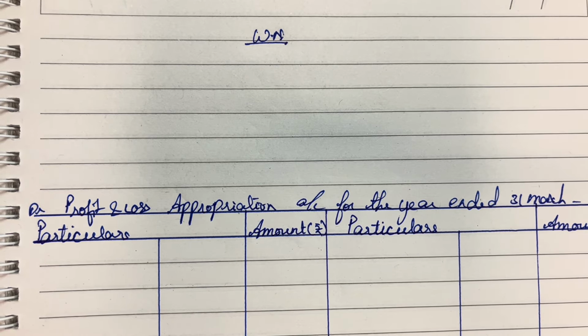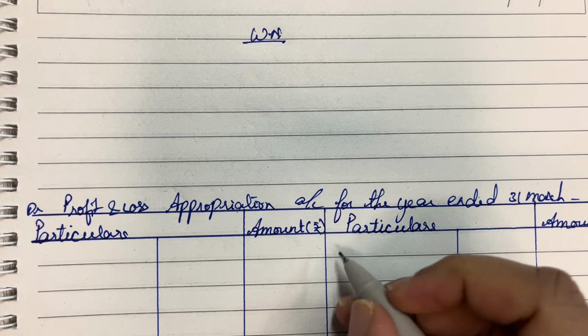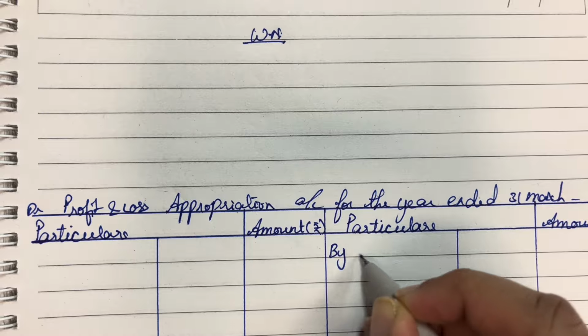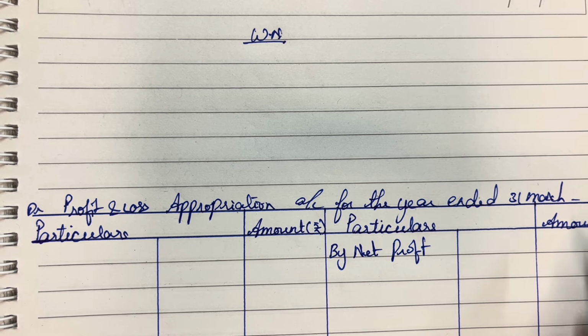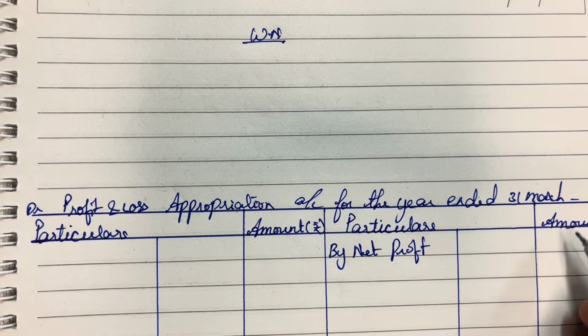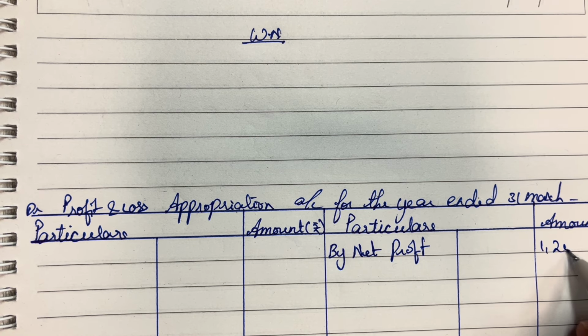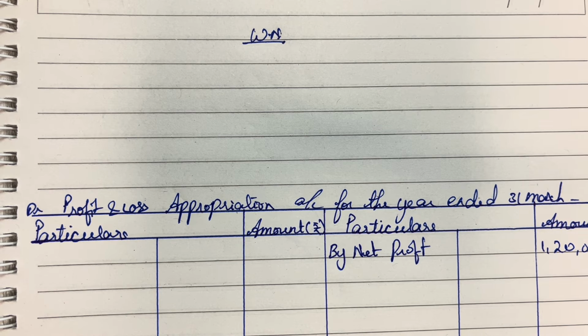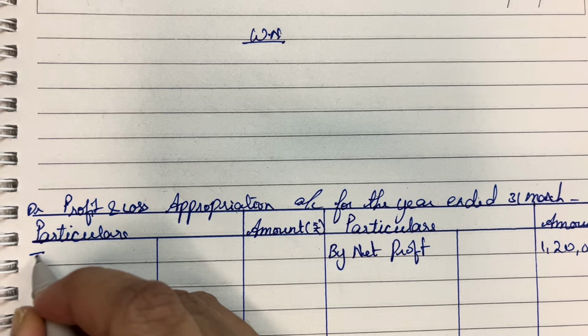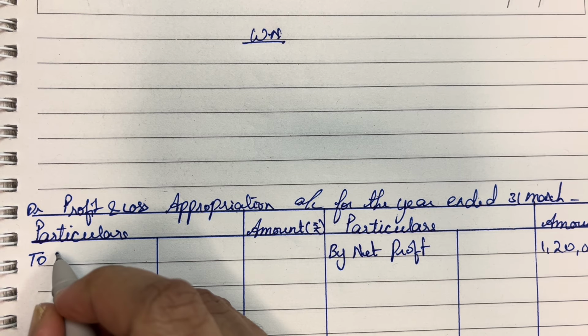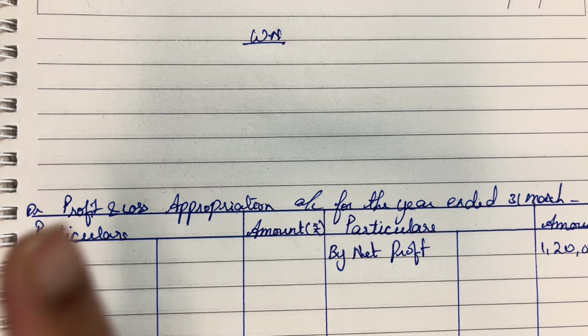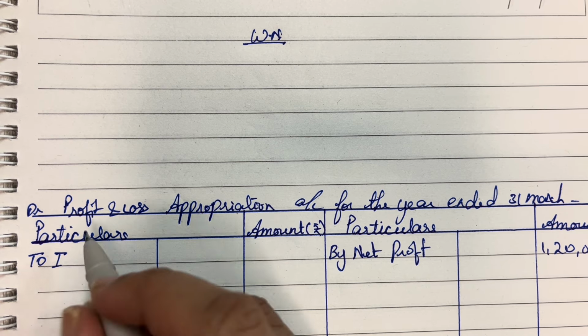The first one is the firm has earned a net profit, so we'll write over here by net profit. Net profit is rupees 1,20,000. Now the interest on capital is to be charged at 10%. We can do this mentally. There's no need to prepare working notes for it separately. You just have to remove one zero from the capital.